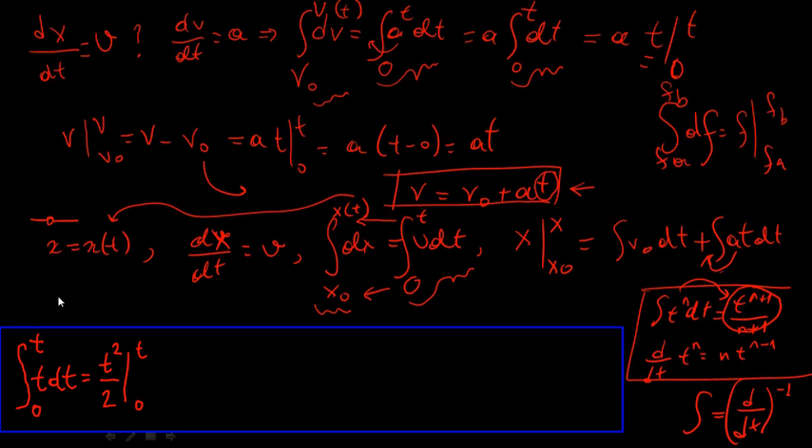Anyway, the integral of t is then t squared over 2, with corresponding integral limits 0 and t. So the result is t squared over 2 minus 0 squared over 2, that is t squared over 2.